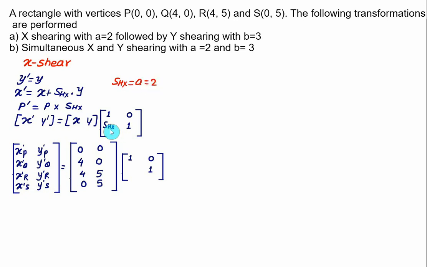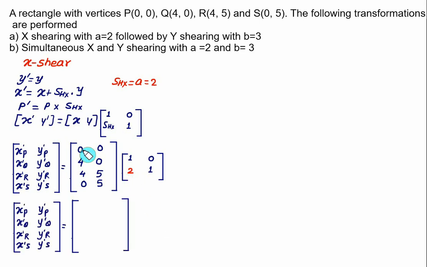So shx is replaced by 2. And now you have to solve the matrix. So we have 0 into 1 is 0 plus 0 into 2 is equal to 0. Then we have 0 into 0 is 0 plus 0 into 1 is equal to 0.